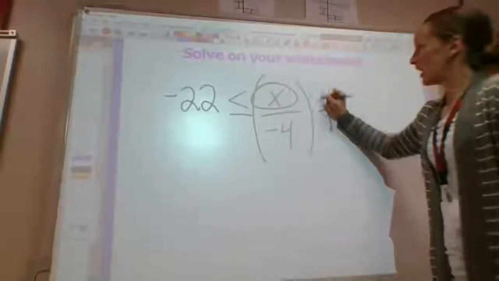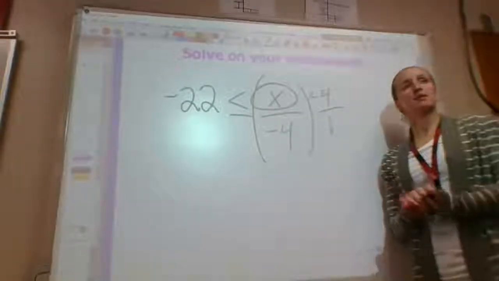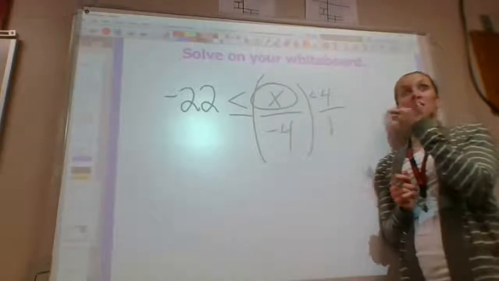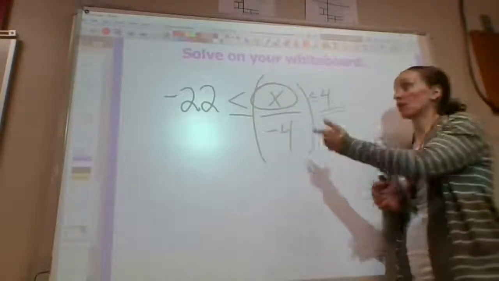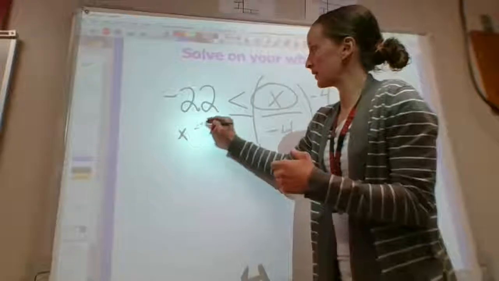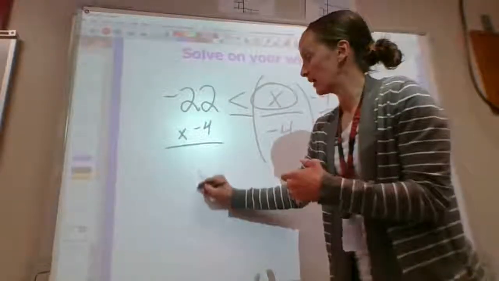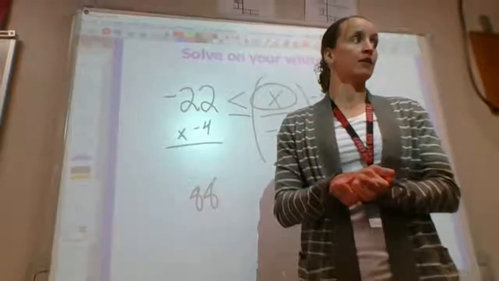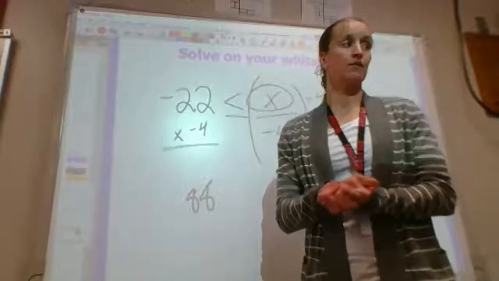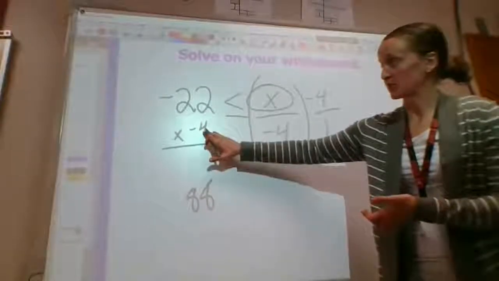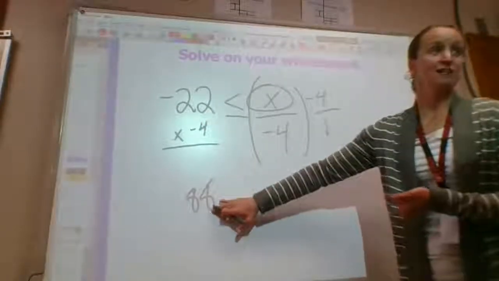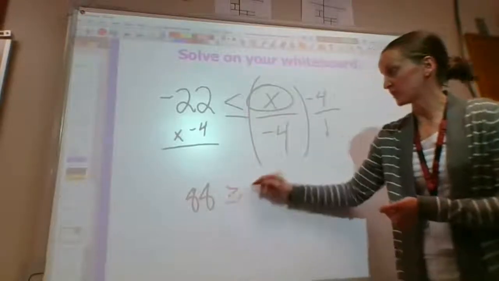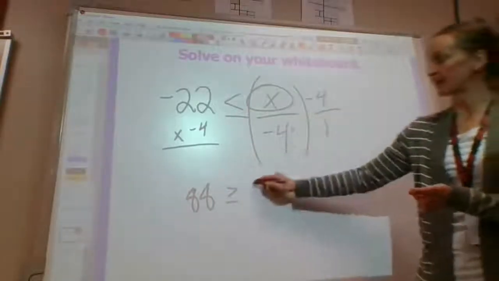The reason why I make people show their work is because it's multi-step and it's really easy to switch a negative and a positive or to forget to switch the symbol. So when we multiply both sides by negative 4, a negative times a negative is positive. Some of you guys forgot to do what with this? Switch it. You have to switch it when you multiply both sides by a negative.